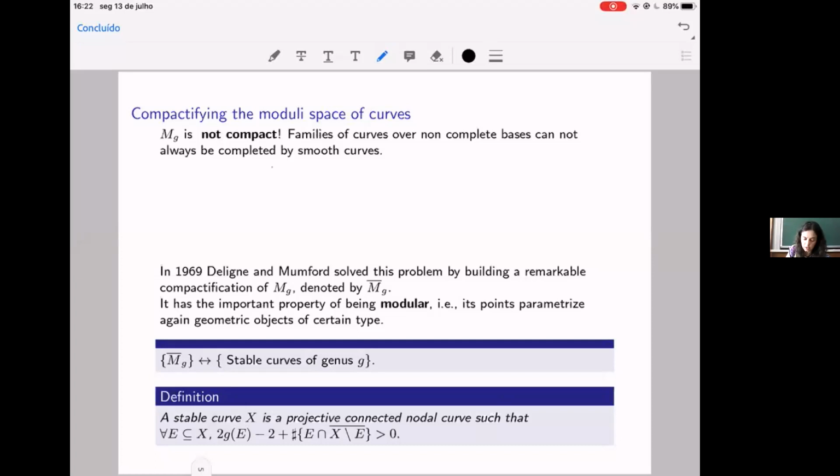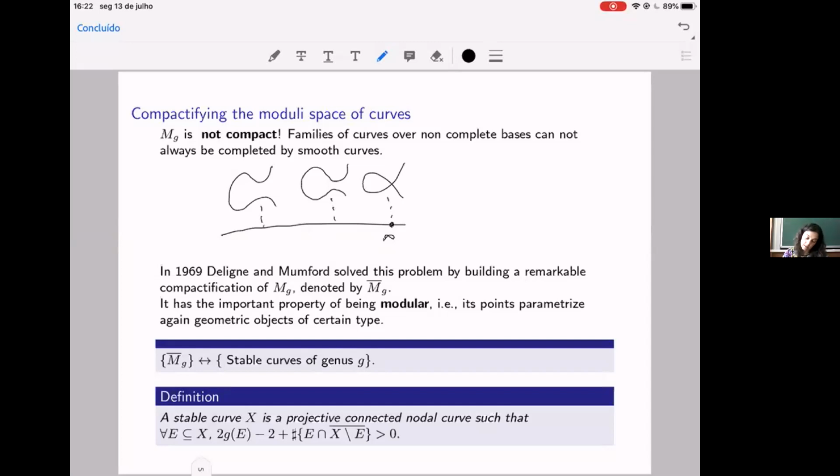So let me just do some drawing. So imagine a family of curves which over infinity degenerates to some nodal curve. This is possible to have, and also it's unavoidable.